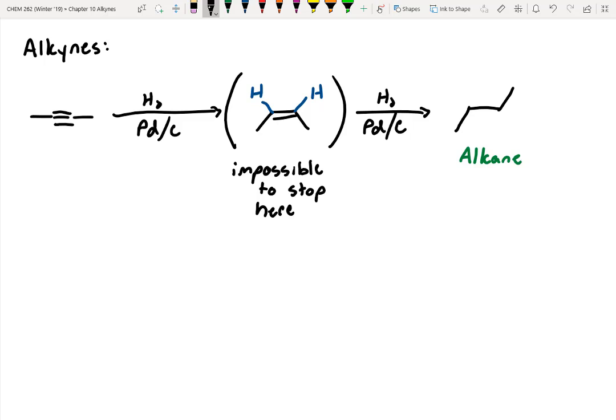That's a good question. We'll talk about cis versus trans for that intermediate. We can actually control that by using a few tricks. All right, so the key to stopping at that intermediate is using something called a poisoned catalyst.